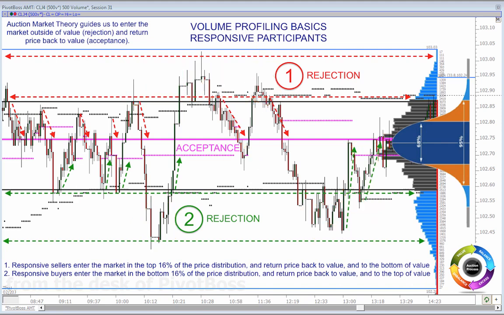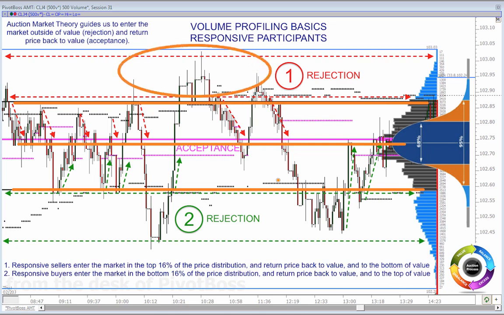So this is a very important concept, but it's a very simple concept to understand. Acceptance is in the middle, and this entire value area, that's acceptance. And when price goes to rejection, it's like you're a tennis player.